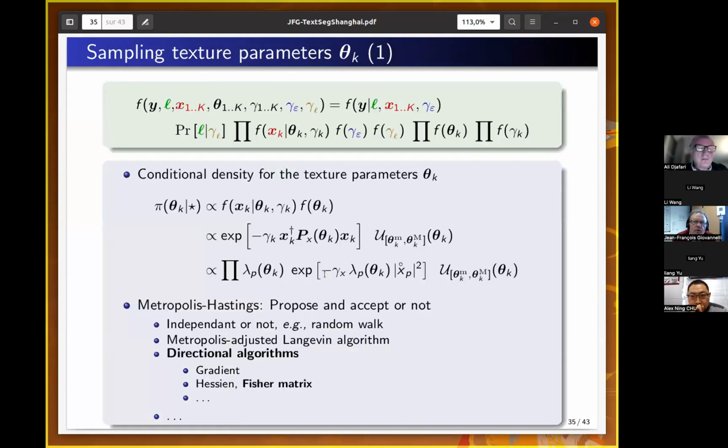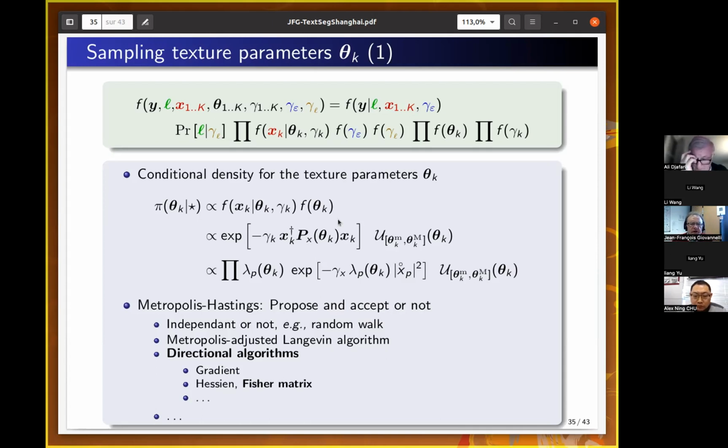But we can calculate, for example, the gradient, the derivative of that with respect to each component of the parameter theta. We can also compute the second derivative and also the expectation of the second derivative in relation with the Fisher matrix and so on. So it is very intricate, but we can calculate the gradient. And then take advantage of that to propose, let's say, an interesting sample within Metropolis-Hastings.